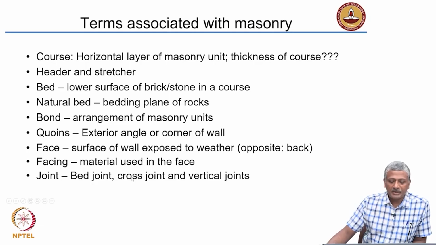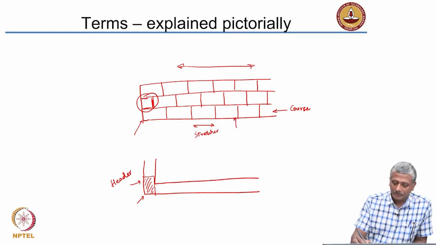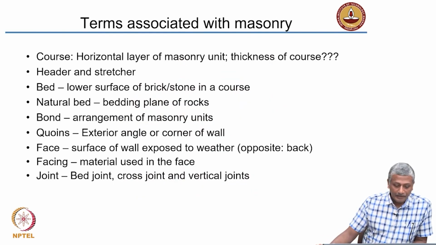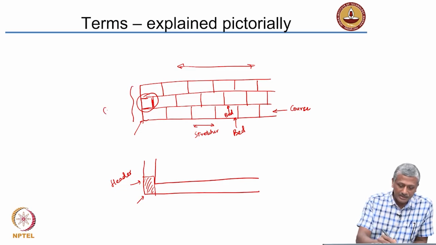A bed is nothing but a lower surface of brick or stone in the course. So, in this course, that will be the bed, or in this course, this will be the bed. Okay. Then we have the coin. Again, as I said, the coin is nothing but the exterior angle of the wall. So, that exterior angle is called the coin.